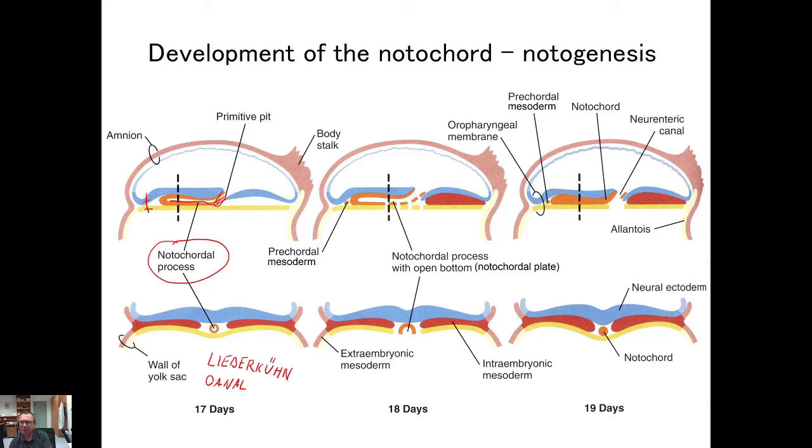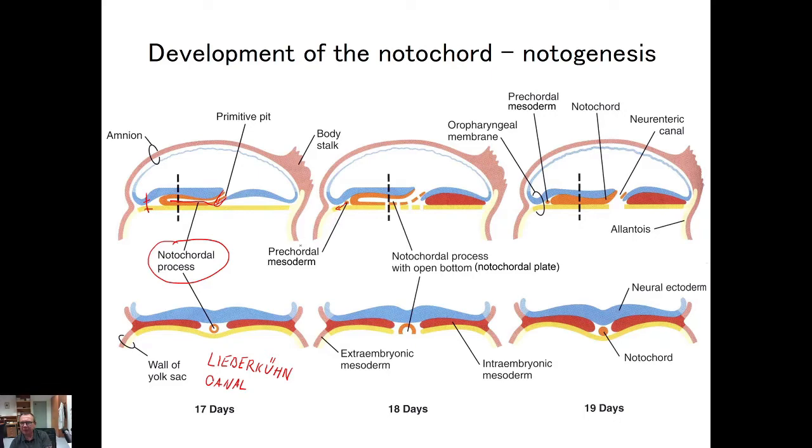These cells are at the beginning situated in the mesoderm near the oropharyngeal membrane, but then they incorporate themselves into the endoderm of the oropharyngeal membrane. So you will see in the next picture, they are then in the endoderm of the oropharyngeal membrane, which becomes at this place a little higher, columnar, and that's why this structure is called prechordal plate.